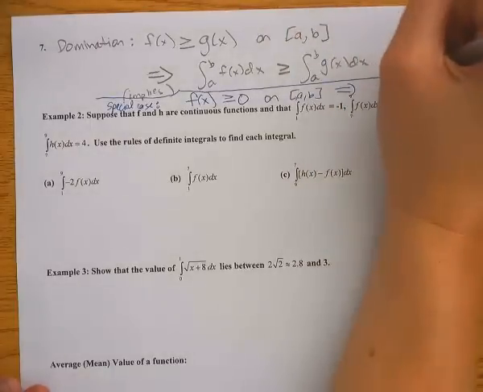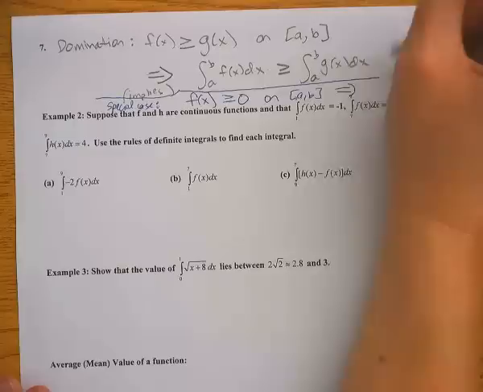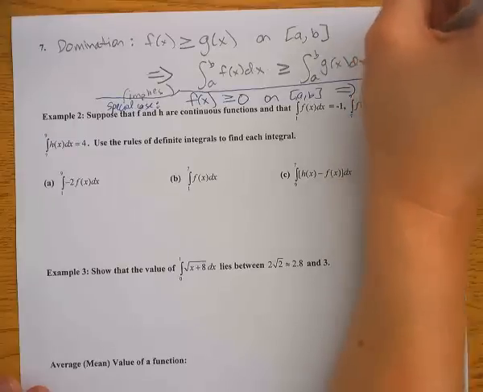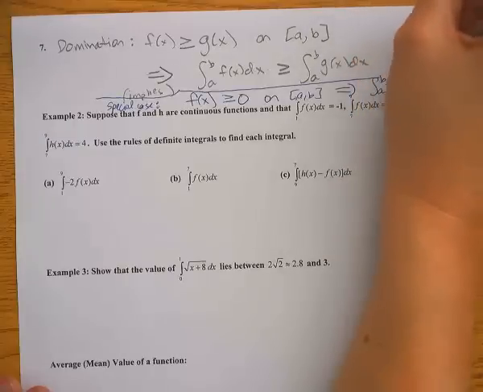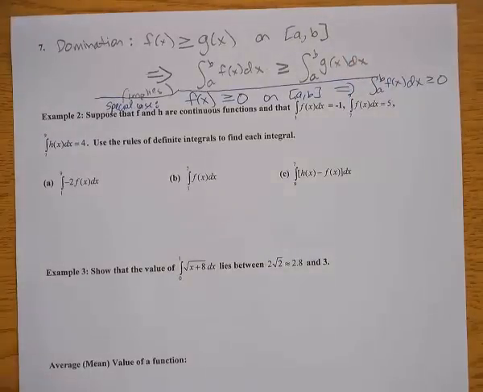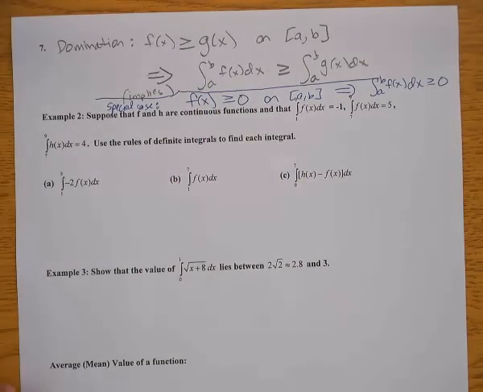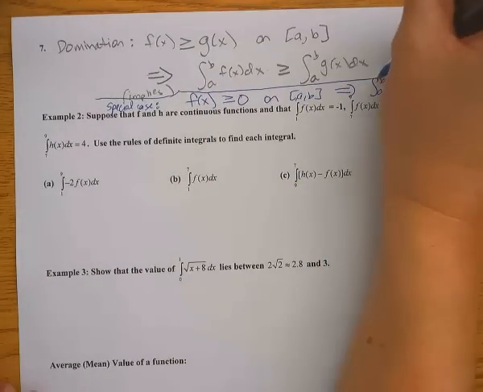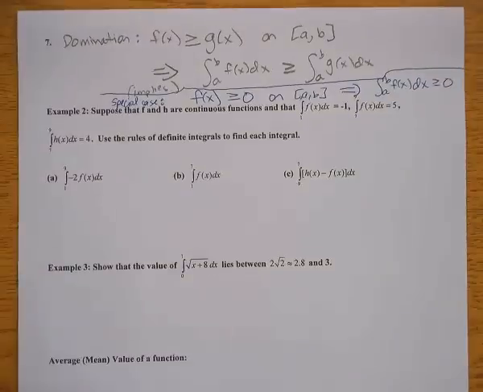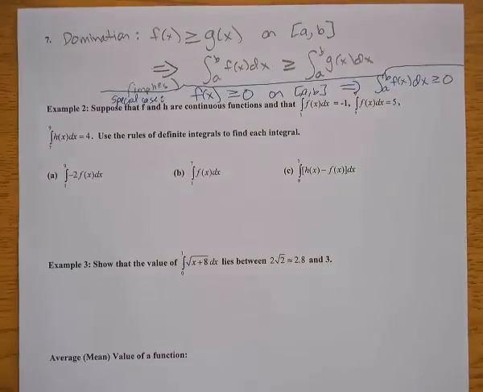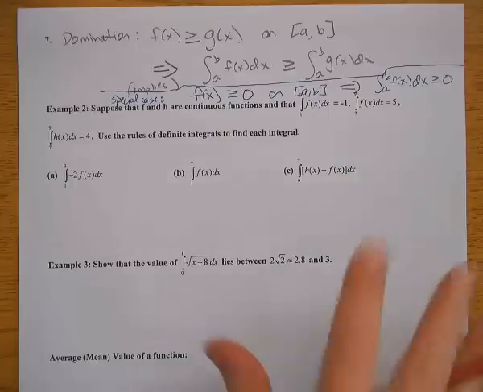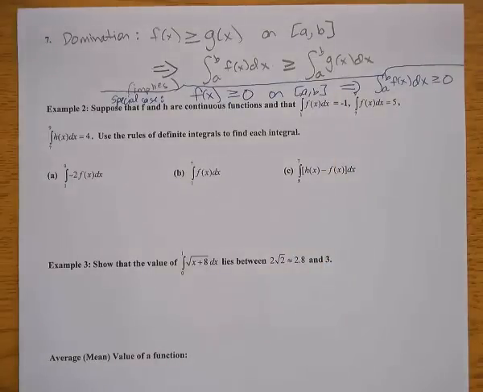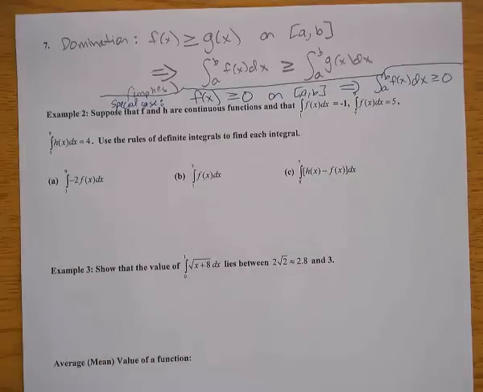That implies that the area under that curve would be positive area because the function itself is above the x-axis. Kind of a special application of this domination property. Okay, so basically we're going to use all of those properties, 1 through 6 and then also number 7, to evaluate different integrals and things like that.